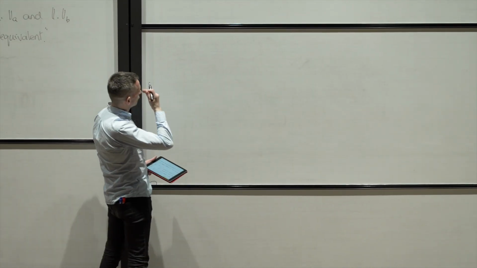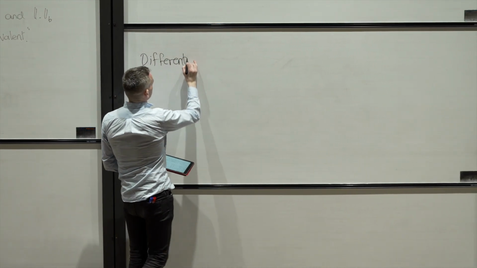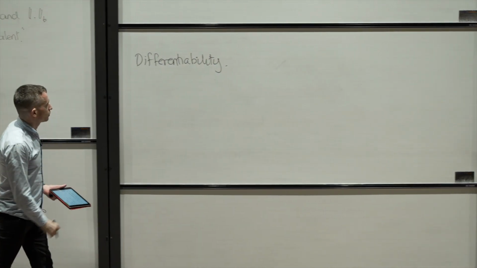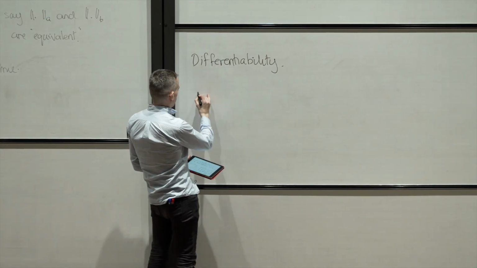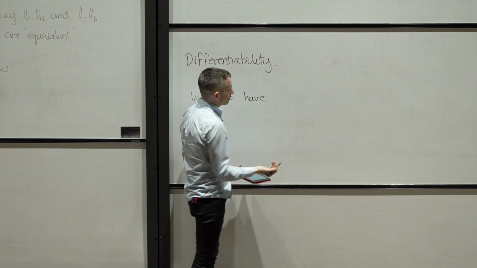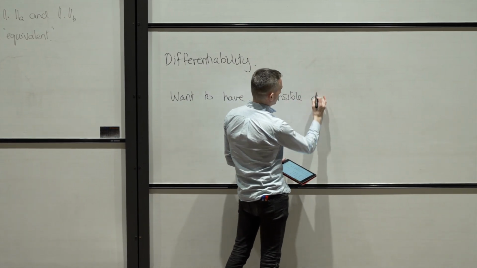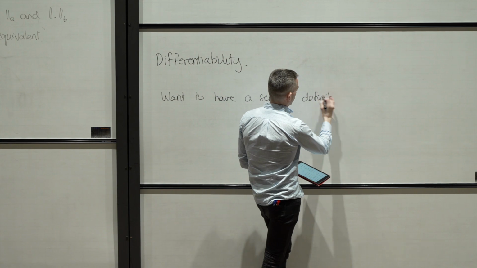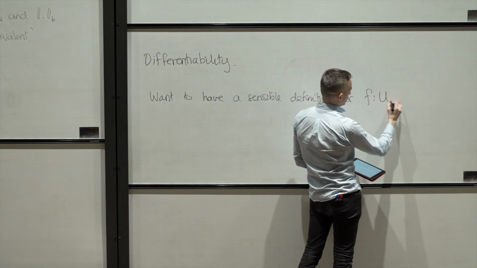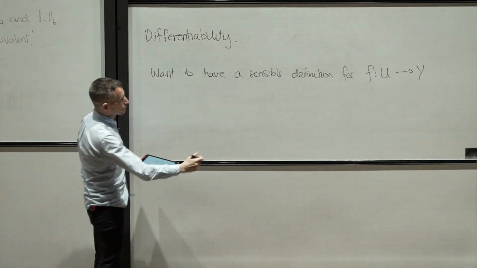Okay, so the main topic for today is differentiability. What we want to do is have a sensible definition for, say, a function f defined on some subset of a normed vector space.